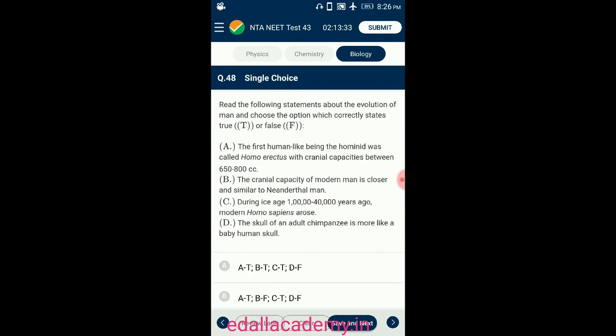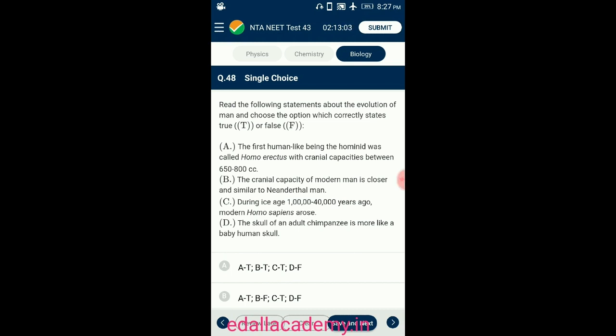Question number 48. Read the following statements about evolution of man and choose the option which correctly states true or false. Here there are 4 statements given. Human-like being, the hominid, was called Homo habilis with cranial capacities between 650 to 800 cc.